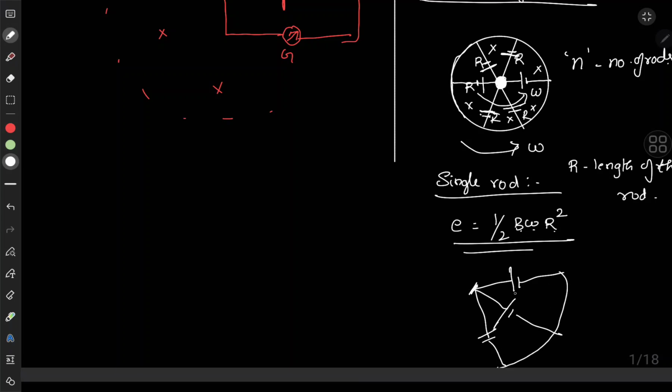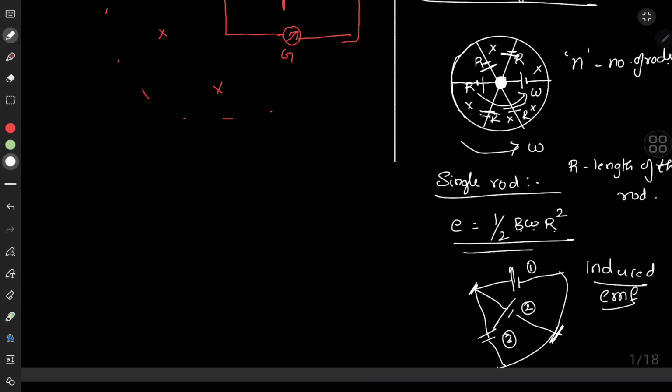Now if you calculate the induced EMF between these terminals, it is understood that the first rod, the second rod, the third rod, all are in parallel combination. When they are in parallel combination, the induced EMF is just the EMF of a single cell.